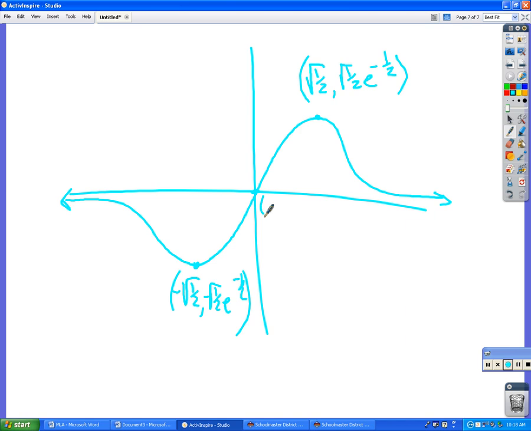Here's our intercept of 0, 0, and it's an inflection point, so it's concave up over here, concave down there. We have a vertical asymptote at x equals 0, and then there's an inflection point right around there and right around there where it changes from concave down to concave up. And that would be that square root of 3 halves, comma, like that, right? It's hard to do.